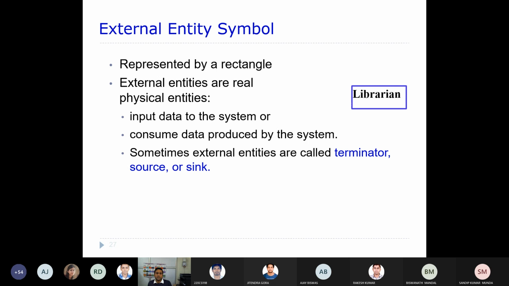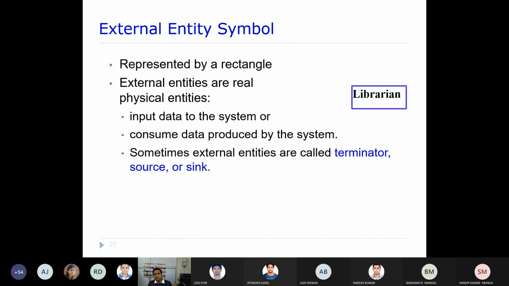Entities are real world or physical entities. Usually they input data to the system, or sometimes they consume data from the system. They can be called terminators, source or sink. So they are the external entities.